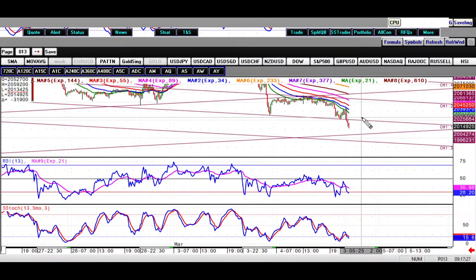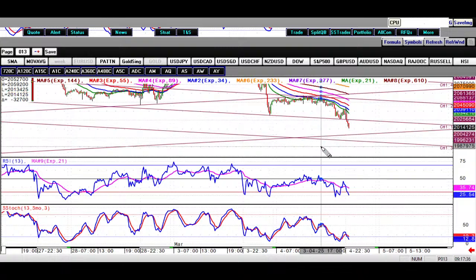Gold, I think we have no more movement now. We will just wait to see, and we'll try to get these losses back.